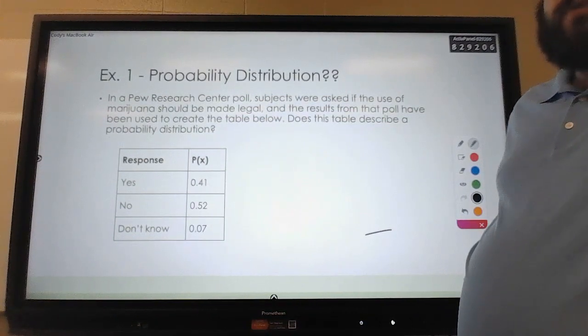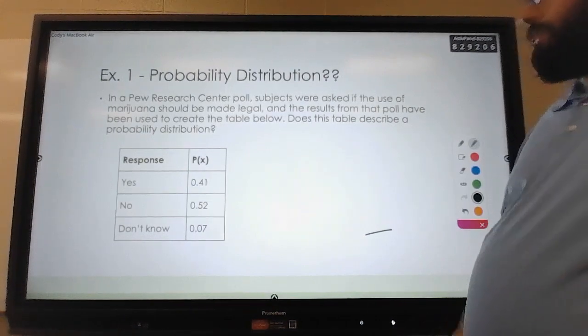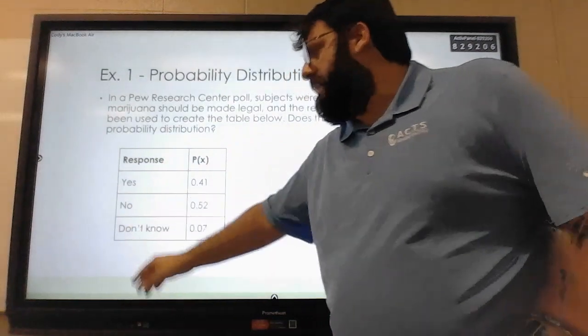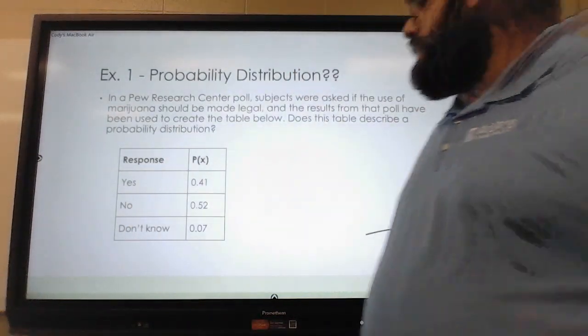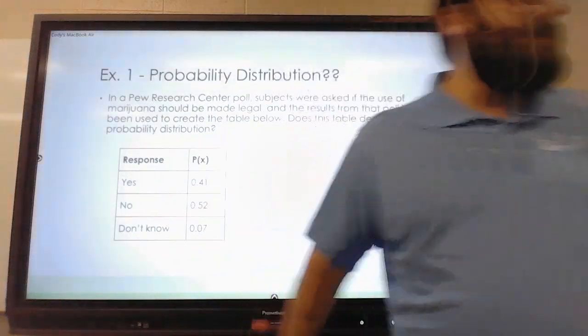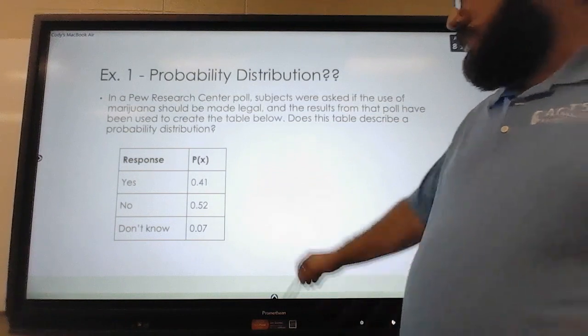Do they have a numerical value attached to it? Yes, they do. We're going to call this a value, this a value, this a value. If it helps, you can also assign them a numerical value, like yes being 1, no being 2, undecided being 3. But in any case, for each of those responses, does it have a probability attached to it? Yes. Are those probabilities between 0 and 1?